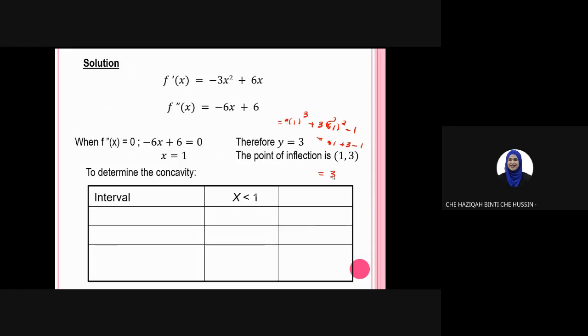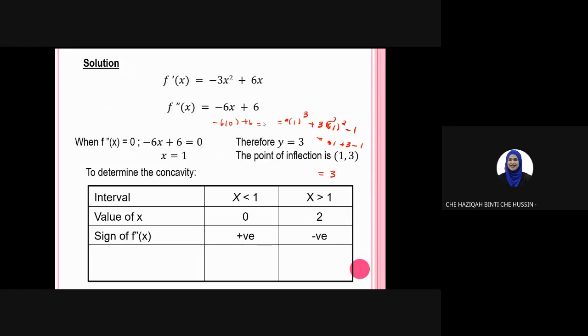Then we look at the interval x less than 1 and x greater than 1. For the value of x, we can choose x less than 1 equal to 0, and for x greater than 1, we can choose 2. For the sign of f''(x), you substitute into this one. Negative 6 times 0 plus 6, so it is positive, right?